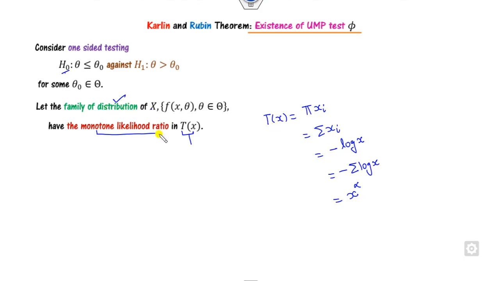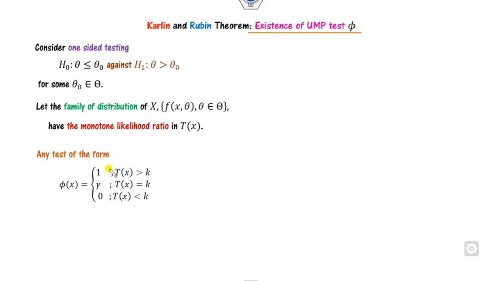Whenever the family satisfies this monotone likelihood ratio, then you can define this UMP test by using the Karlin-Rubin theorem, abbreviated as the KR theorem.